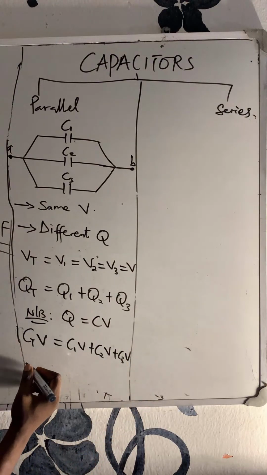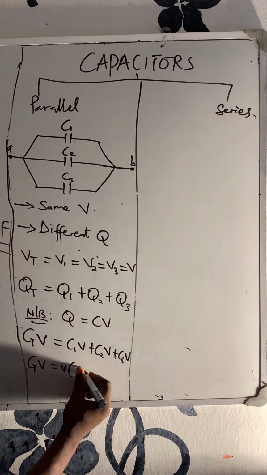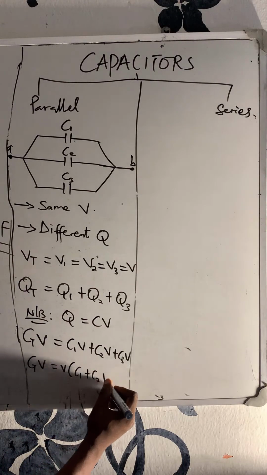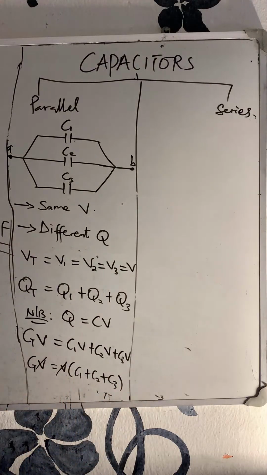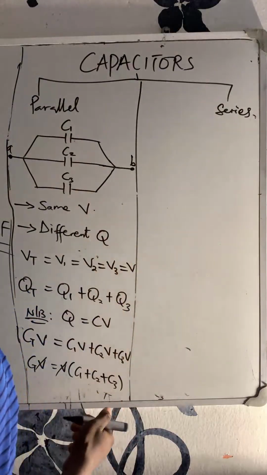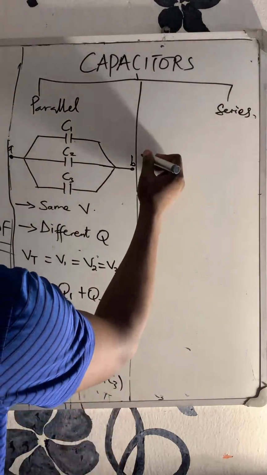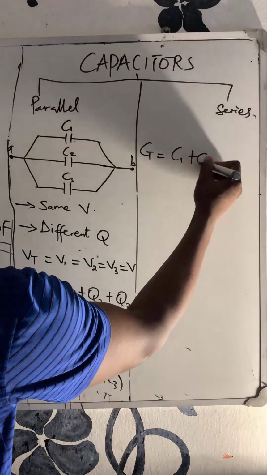And you see, it becomes CTV equal to V into C1 plus C2 plus C3. So V against V. I'll clean it up after I'm done with the parallel arrangement. For parallel, C total equals C1 plus C2 plus C3.